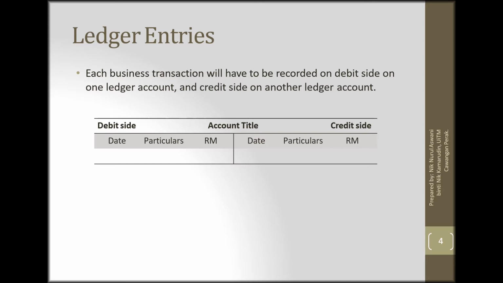So there will be an increase in asset of the business and also an increase in the business owner's equity. So what about the journal entry?